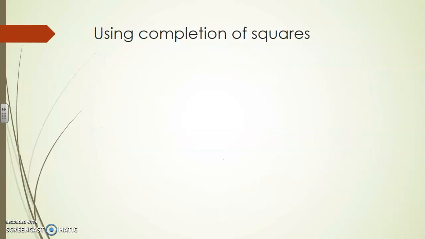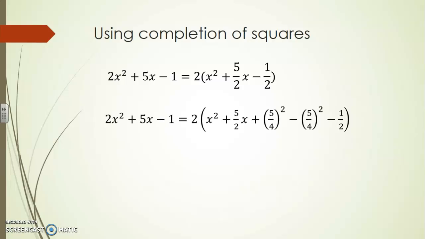Okay, so first, using completion of squares, our first step of the procedure suggested that we factor out the a term. Even though this leads to fractions, it is still part of the procedure we want to follow. So we factored 2 out from the quadratic, leaving x squared plus 5 over 2 x minus 1/2. Completing the square means using half of the b over a term.